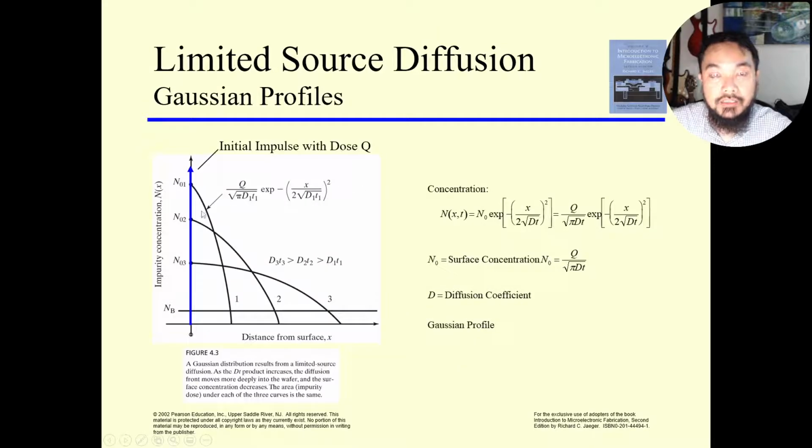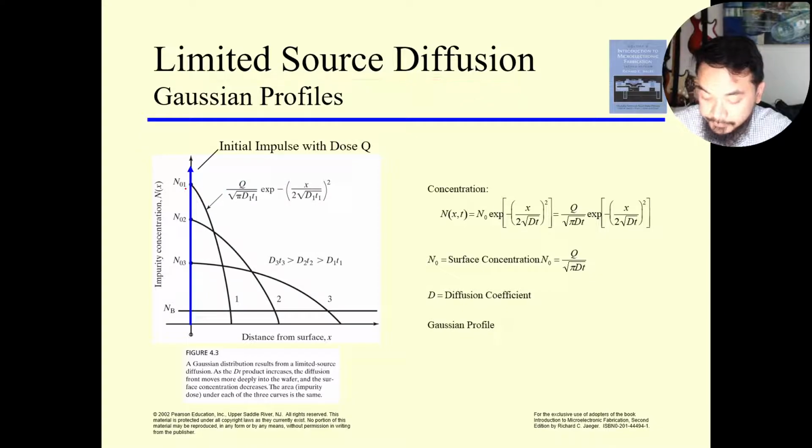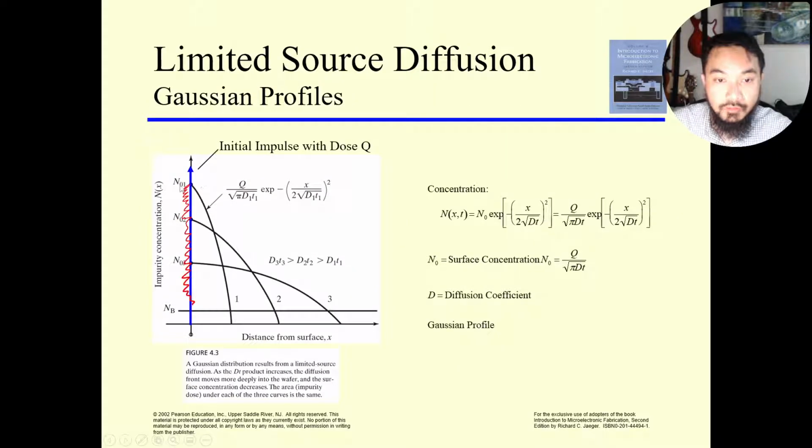Okay, and then the next one, the second model for diffusion, is limited source diffusion. The difference between this and the constant source diffusion is, of course, the concentration of impurity atoms at the surface. If previously we always maintained the concentration of impurity atoms to be N naught, here we do not maintain it.